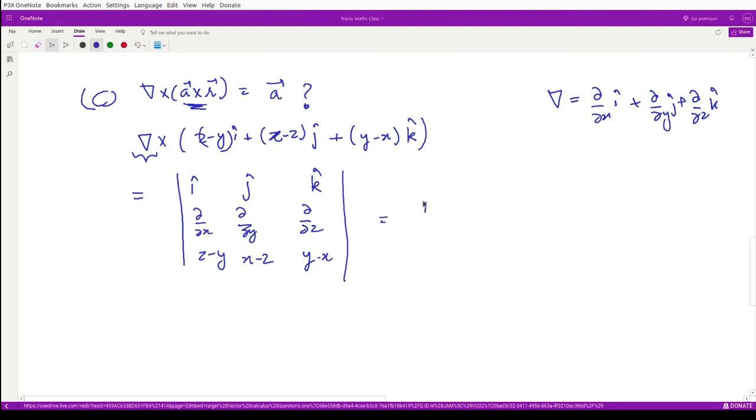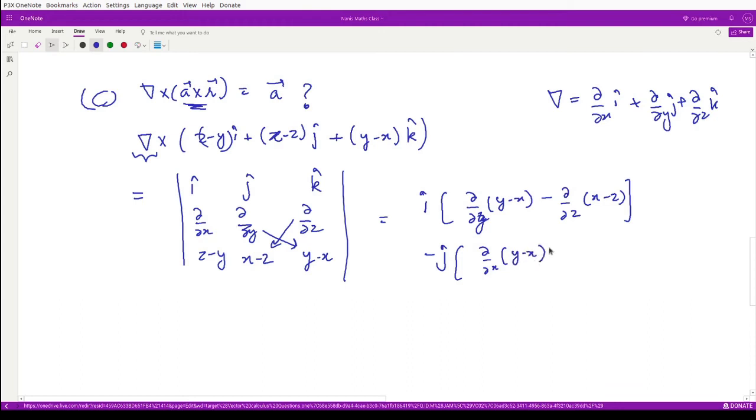So when you solve this, you have i cap: del by del y of y minus x minus del by del z of x minus z, sorry, here we have y, and minus j cap: so it would be del by del x of y minus x minus del by del z of z minus y, plus k cap: so it would be del by del x of x minus z minus del by del y of z minus y.